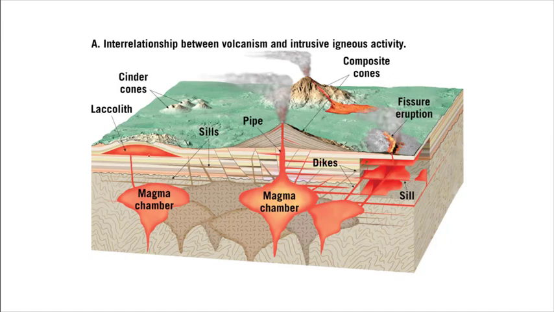So this is pretty simple, really. When the magma is working its way across the surrounding, what we call the country rock, we call that a sill. Right, and so this is a sill. These are sills.